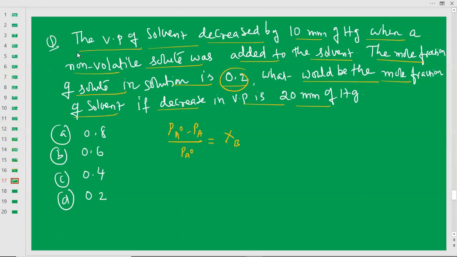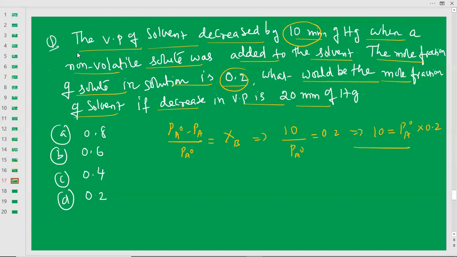Okay. First they have given this vapor pressure decrease, P naught minus PA is 10. That is divided by P naught equals 0.2. Means 10 is equal to P naught into 0.2, from the first statement.